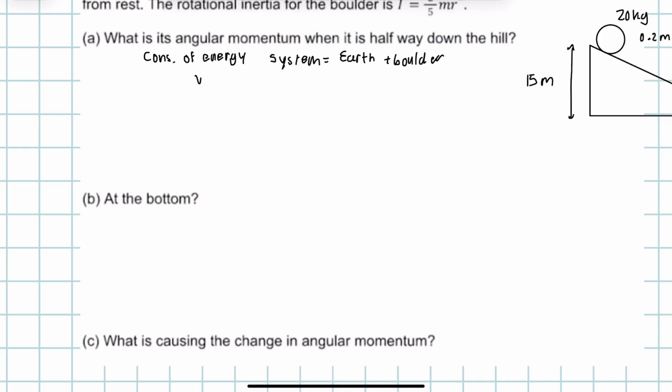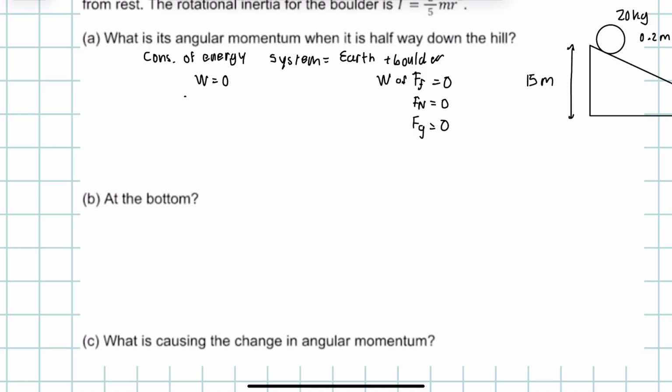That means the work is going to equal 0, because the frictional force doesn't do any work. The work of F_f is equal to 0. And the normal force and gravity aren't going to do any work either. F_n is equal to 0 and F_g is going to equal 0, right?